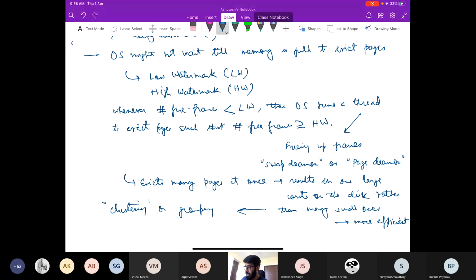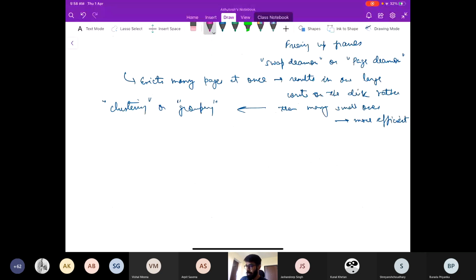So this was just an aside that the OS might not always wait for the physical memory to be full and then only do the replacement. The replacements can happen before. Okay, good. So now let's come to policies.